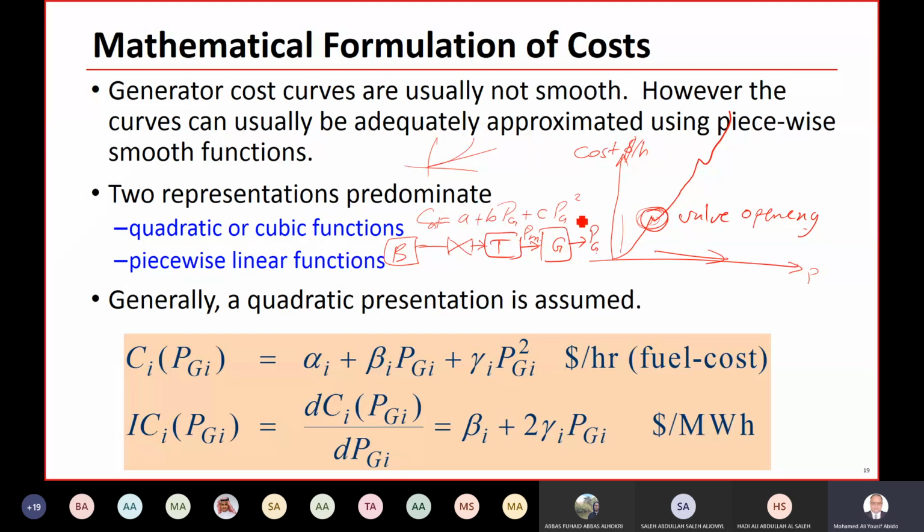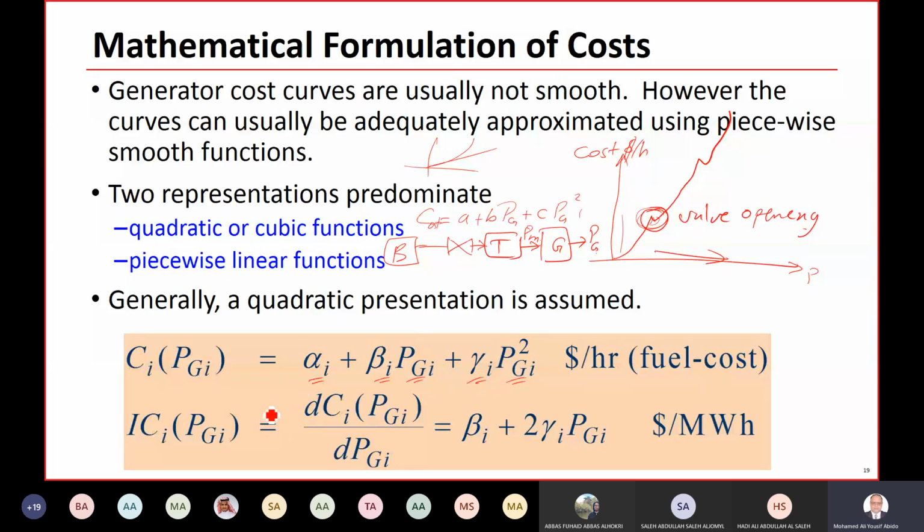If it is cubic, you add another term with PG cubed. Or you have a piecewise linear curve. Generally, the quadratic representation is assumed: alpha plus beta times PG plus gamma times PG squared. So this is a quadratic function.